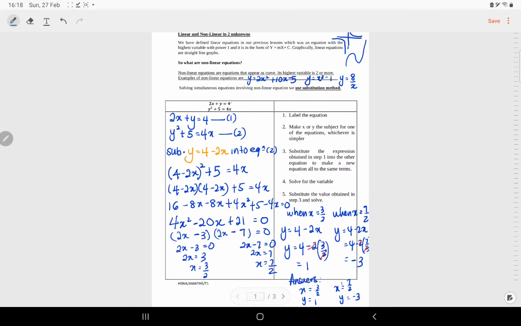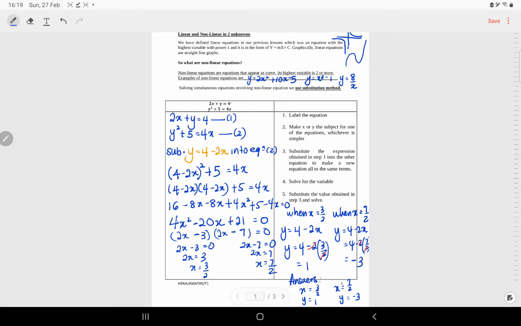And these two coordinates, x and y, are the points of intersection. You have a curve and a straight line, and for this specific curve and this specific straight line, it intersects at 2 points. So these are the answers of the 2 points of intersection, 3 over 2, 1 and 7 over 2, negative 3.